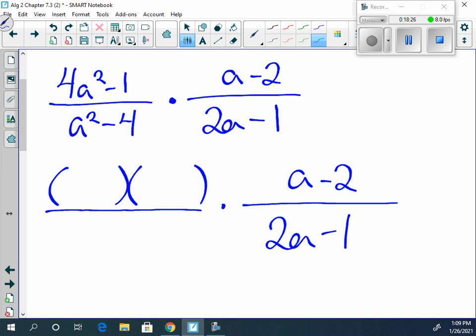Because 4a squared is a perfect square. 4 is 2 times 2. A is a times a. And 1's a perfect square, it'd be 1 and 1, yes? Since it's a difference of perfect squares, we'll have 2a and 1, 2a and 1, and the signs are opposite. Difference of perfect squares is kind of nice because they have the same two terms, just the signs are flipped.